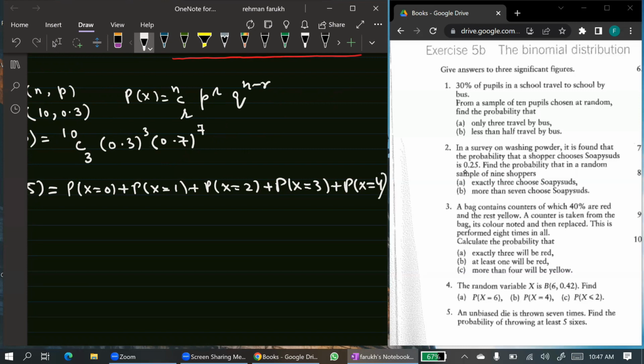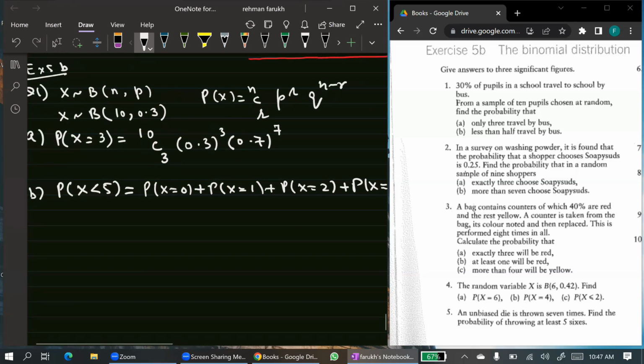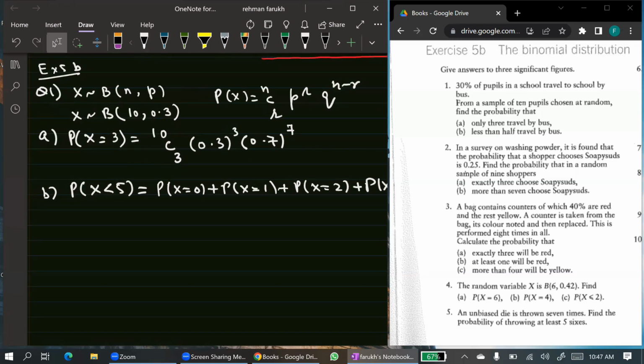Less than half means X is less than 5. Now we will find the probability for X is equal to 0 with the help of the probability density function. Now nC0, 10C0, 0.3 power 0 and 0.7 power 10.